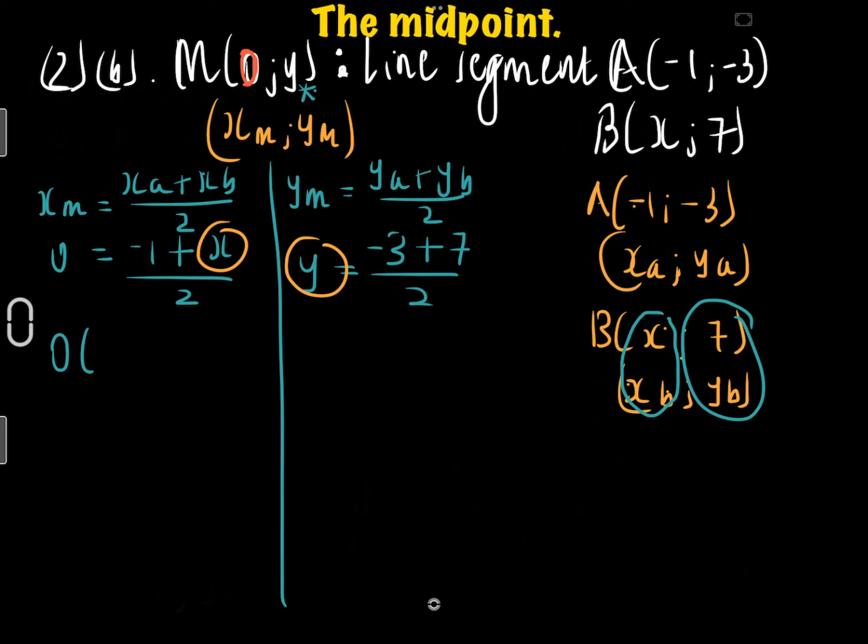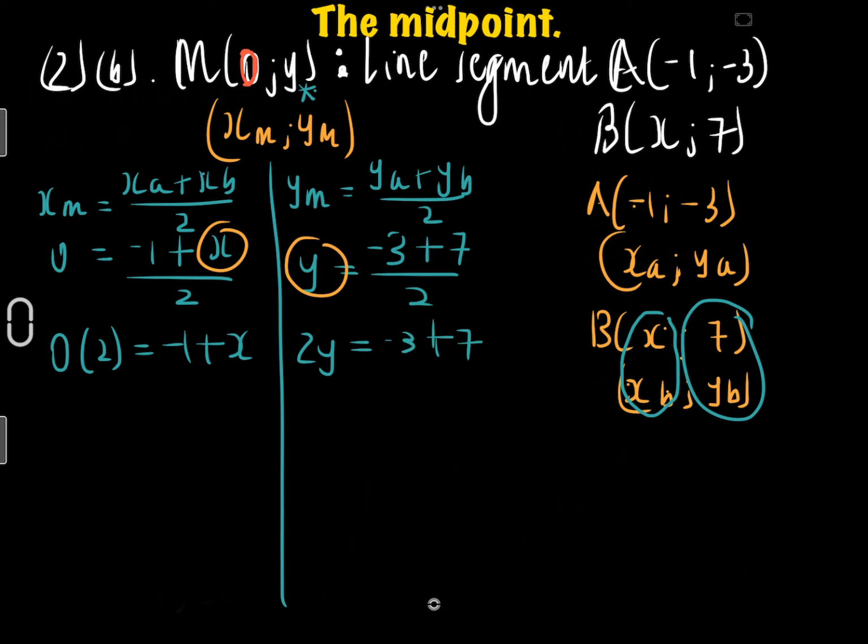The 2 is division, so if you move it over the equal sign, it changes to multiplication. So we have 0 times 2 is equal to -1 plus x. Similarly with y, we have 2 times y gives us 2y is equal to -3 plus 7.